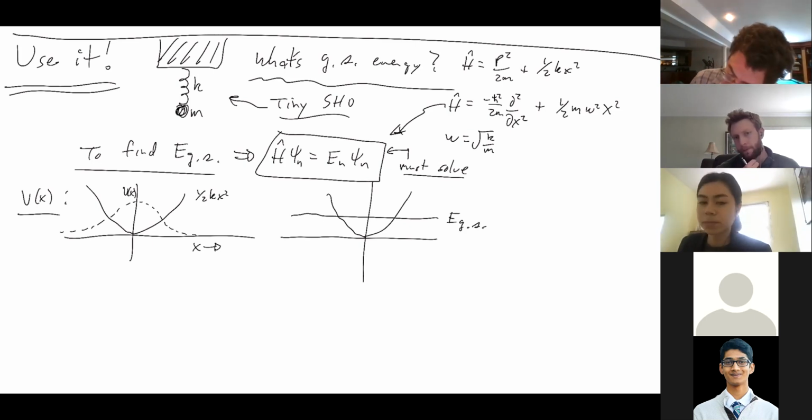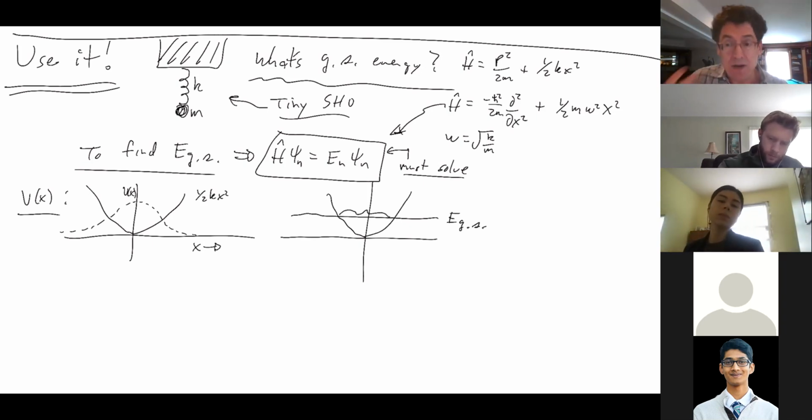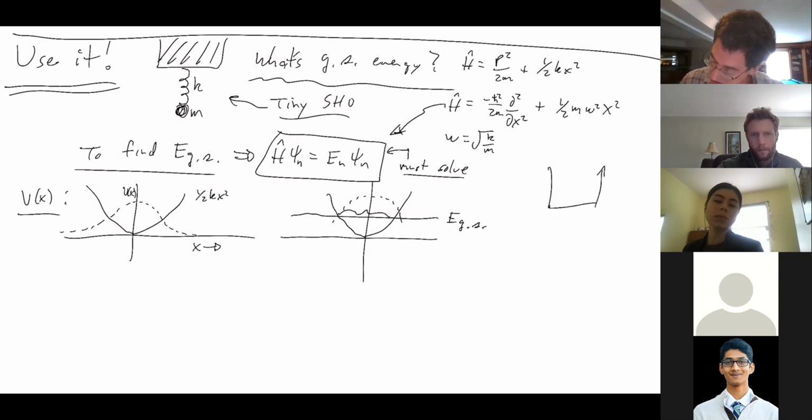And I know that if I'm at this ground state energy, then in this region of the potential, the classically allowed region, I get a big antinode for the ground state. You always get one big blob for the ground state. You guys know that from particle in a box, right? In a particle in a box, the ground state looks like a blob like that.